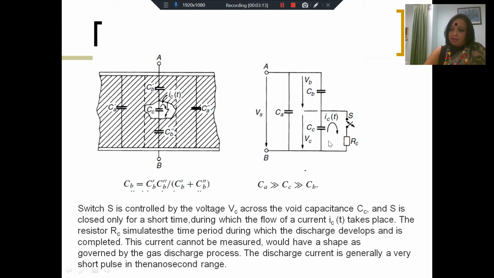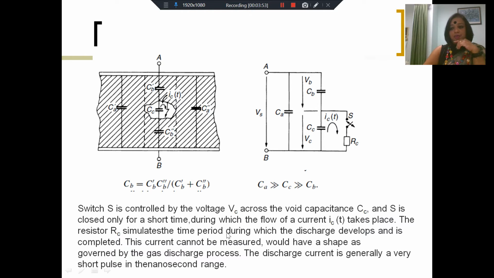When the applied voltage Vs reaches a value such that the divided voltage Vc across Cc is equal to the breakdown voltage of the void, then the switch can be deemed to close, and the current Ic flows through the resistor. The resistor Rc will also take into account the time constant of the current pulse that flows through this RC loop, and it will simulate the time constant of that discharge process.